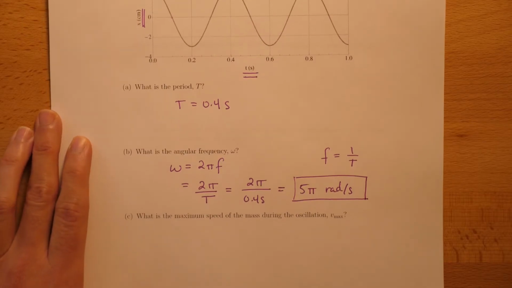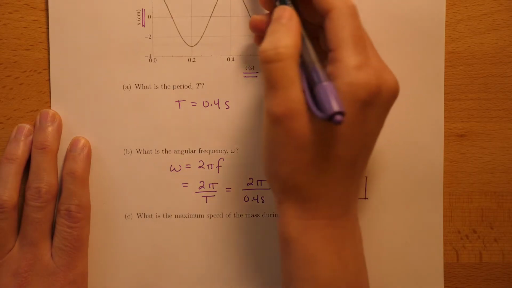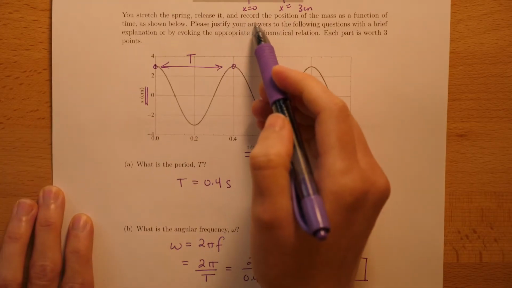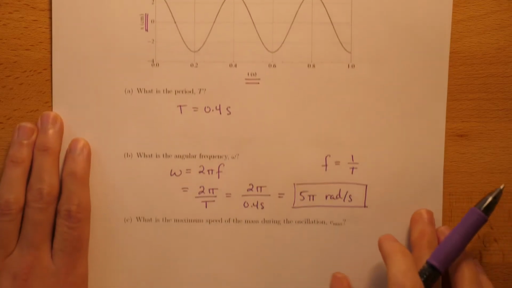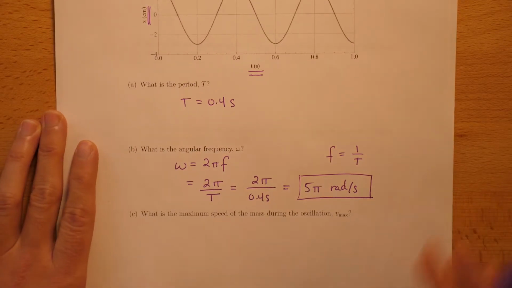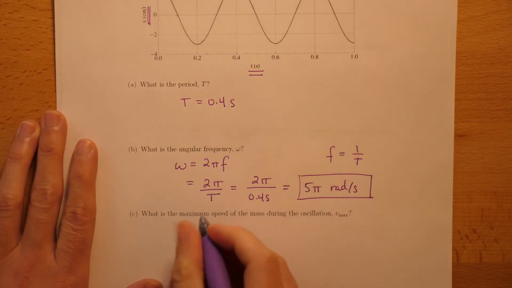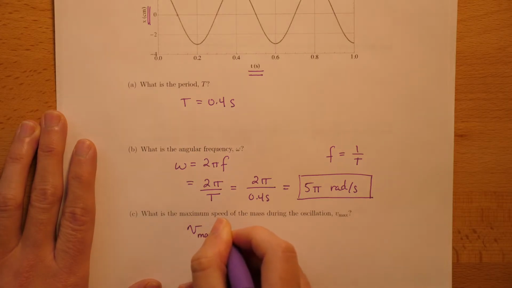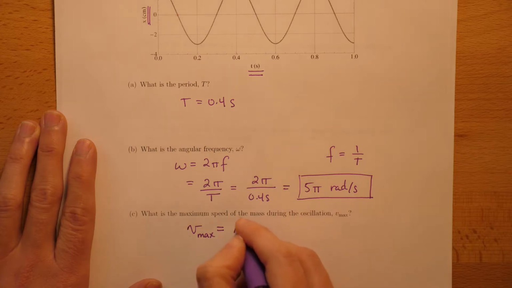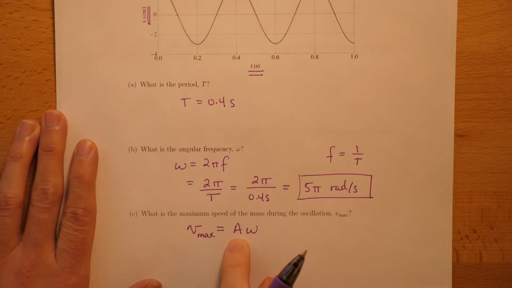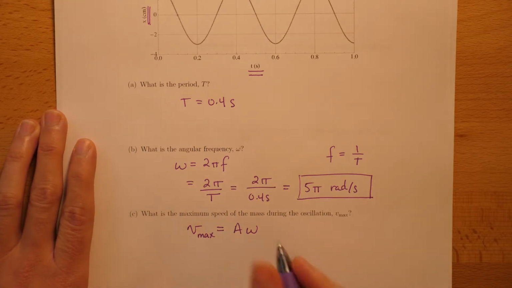Okay, so what is the maximum speed of the mass during the oscillation? That's going to occur when it goes through the equilibrium position. We showed that the maximum speed is equal to the amplitude times the angular frequency, which gives the appropriate units of meters per second.